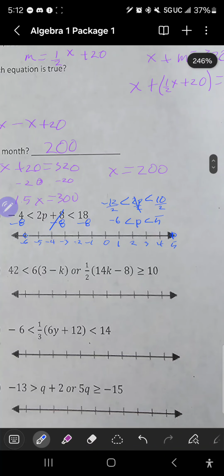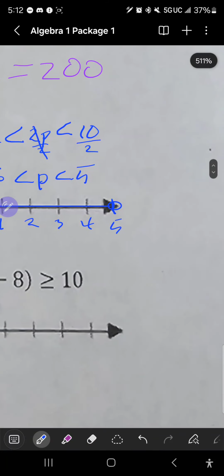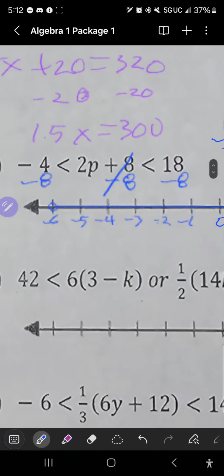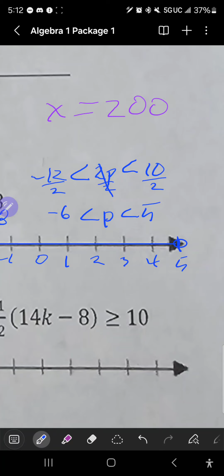So our answer will be the line between them, since p is in the middle. But neither 5 nor -6 is going to be included since there is no equal sign. That's the reason the little circle is empty inside, different from the first one we did.